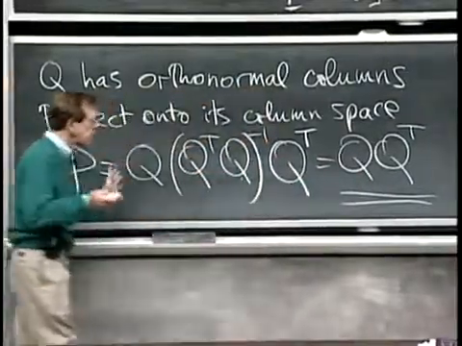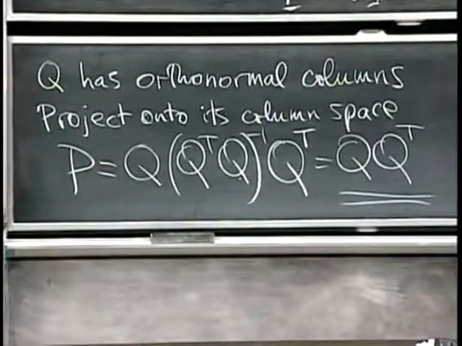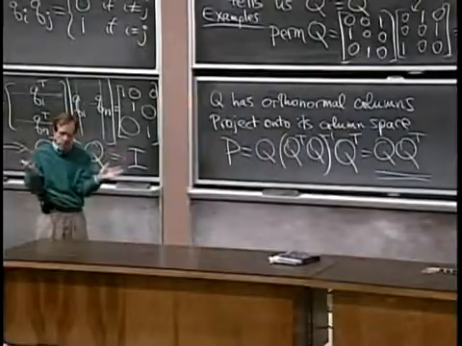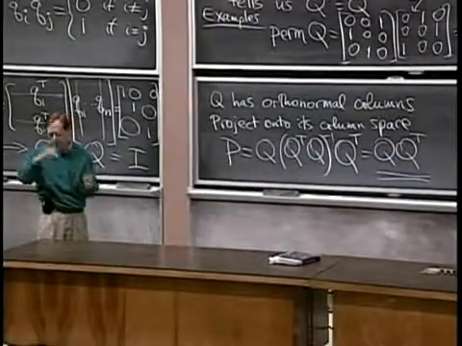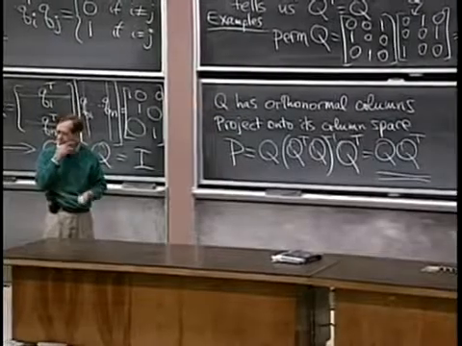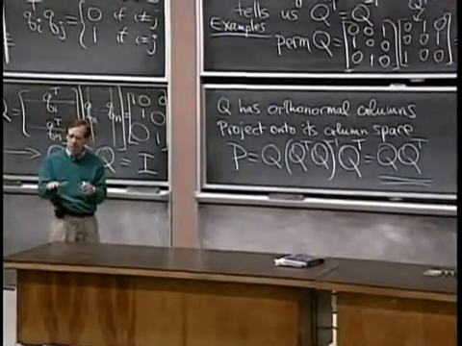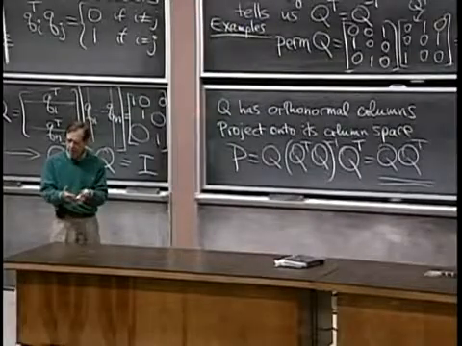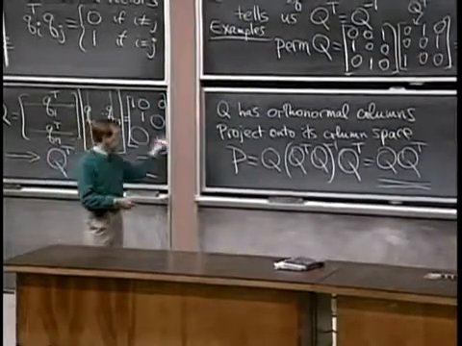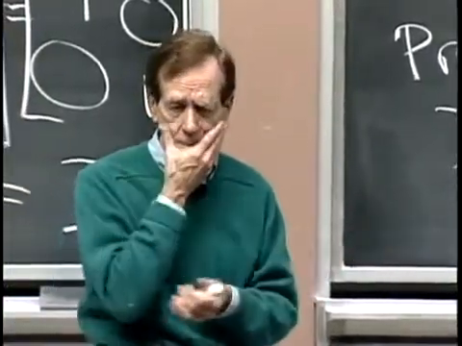Suppose the matrix is square. First, just tell me this extreme case. If my matrix is square, and it's got these orthonormal columns, then what's the column space? The column space is the whole space, right?